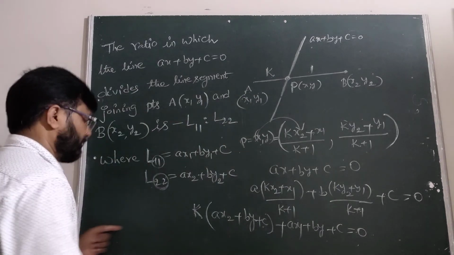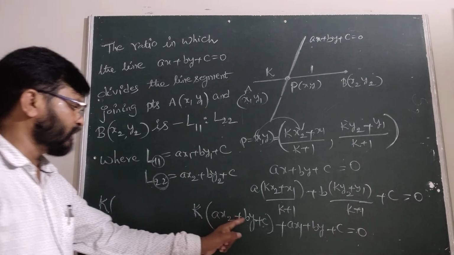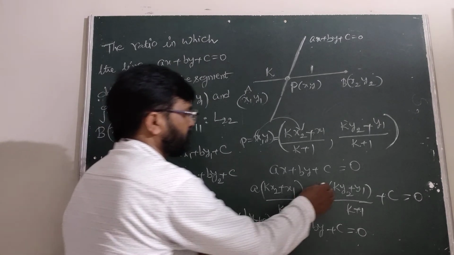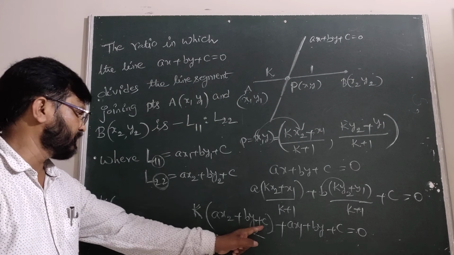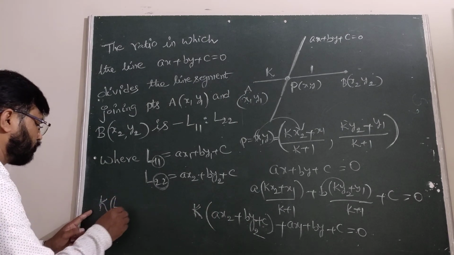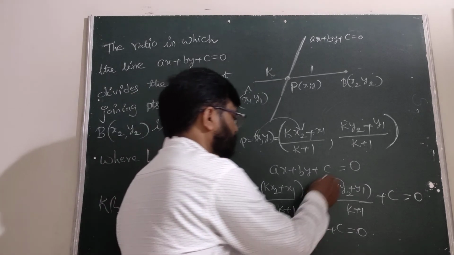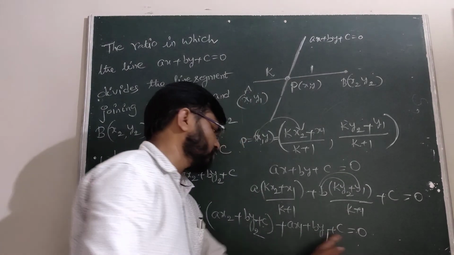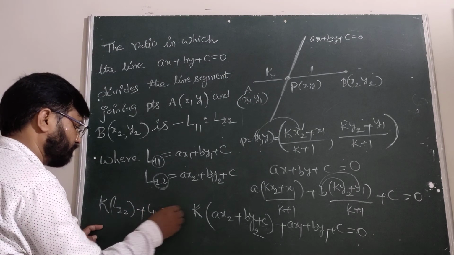So k into ax2 plus by2 plus c is given as L22, plus ax1 plus by1 plus c, which is L11.